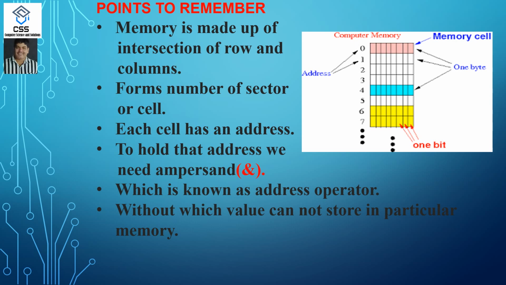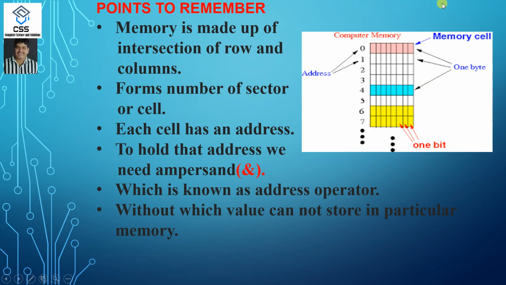Then the next example. Before going to the next example, we describe here what is the essential need of the address operator. Previously I told you a few minutes ago, memory is made up of the intersection of rows and columns. These small cells, like in yellow color and this in brown color, all the partitions, small locations, are known as memory cells, and the interconnection of memory cells makes the computer memory.